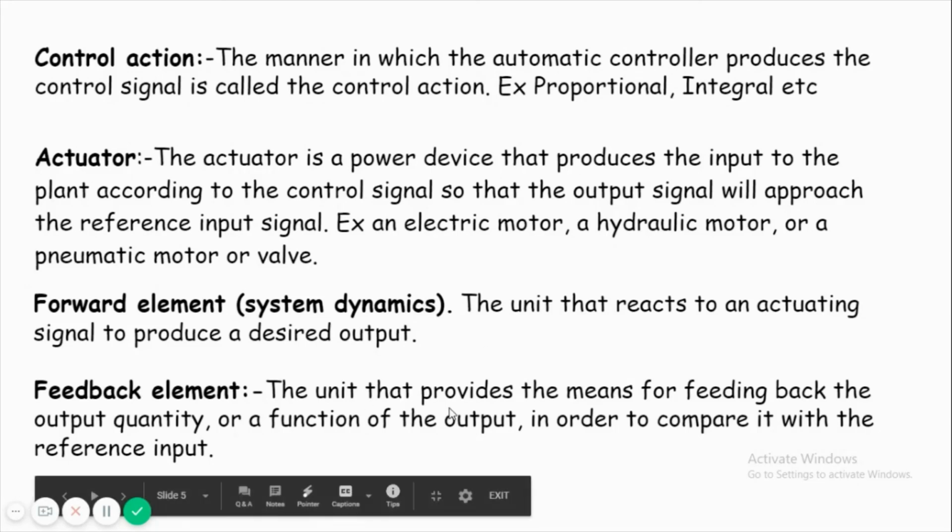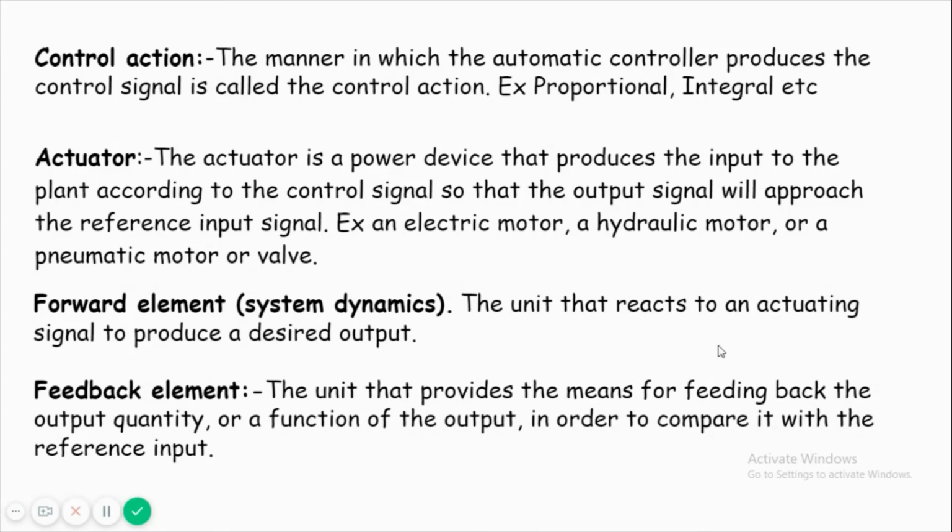The unit that provides a means for feeding back the output quantity, or a function of output, in order to compare it with the reference input is known as the feedback element.